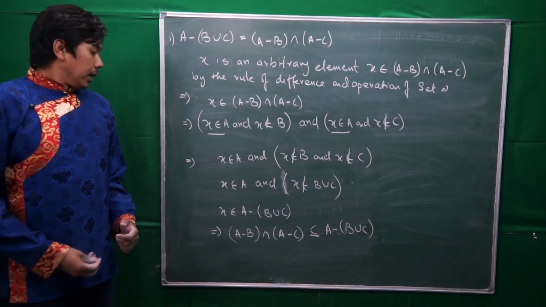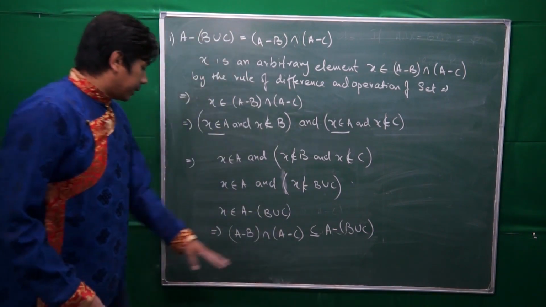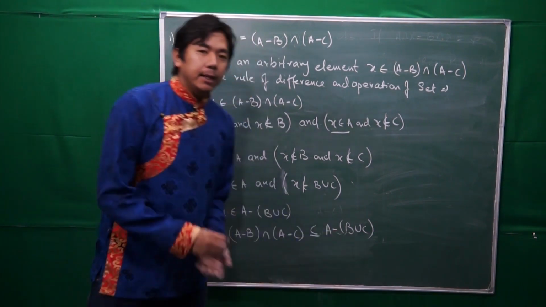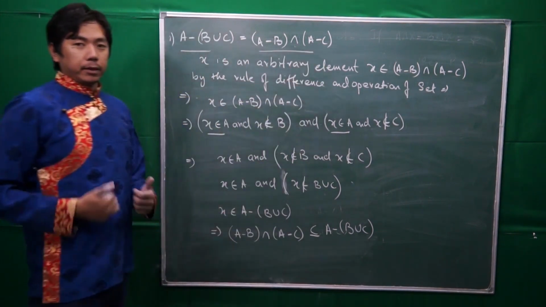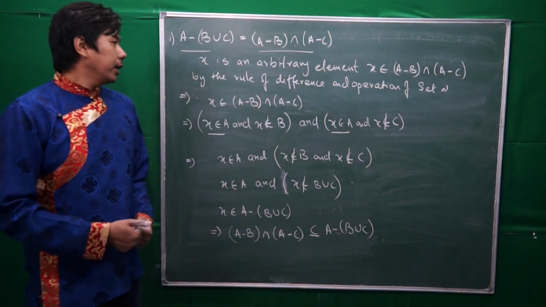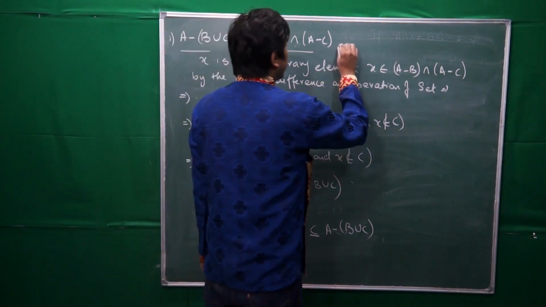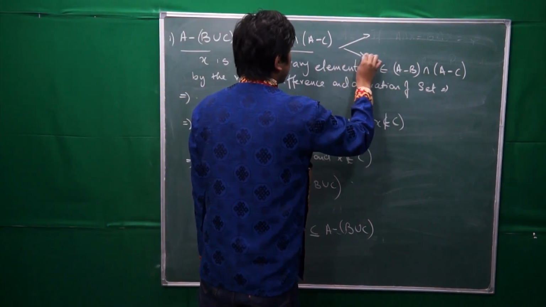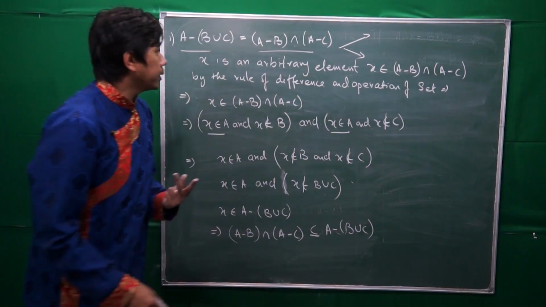All right. Now, this is the first step where I've been able to prove that this set is a subset of this set. So, to prove any two sets equal, and this applies for any type of question like this, what we need to do is prove two things. This is the method. We need to prove two things.